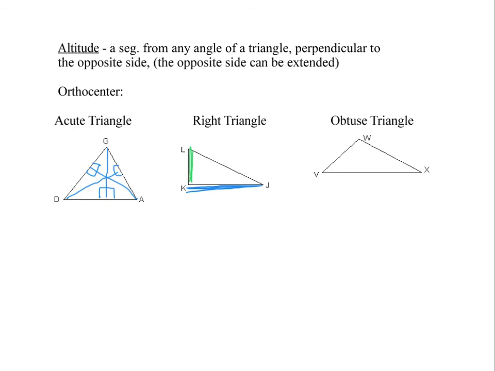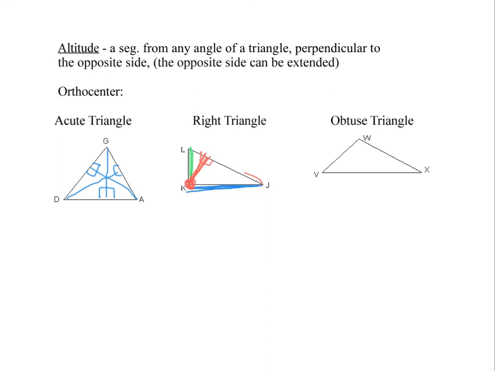Let's get back to red. My third line right here, that's not my altitude, I'm sorry. My third altitude is right here. That's the right angle. Notice the point of concurrency is right here. There's my orthocenter.